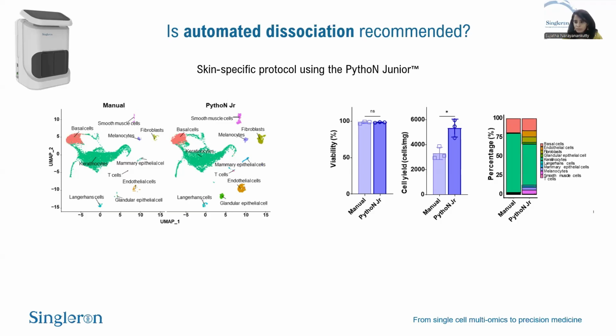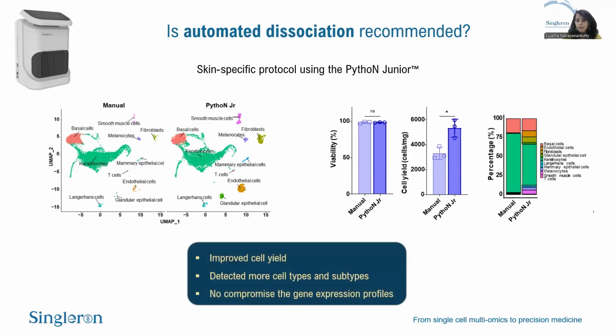And what that means is you're actually sampling the tissue better, and you see more tissue cell types that you would miss if you only did a manual dissociation. So all in all, it's a good idea to think of an automated way of dissociating a sample for improved cell yield, more cell types and subcell types, and no compromise in the gene expression profile.